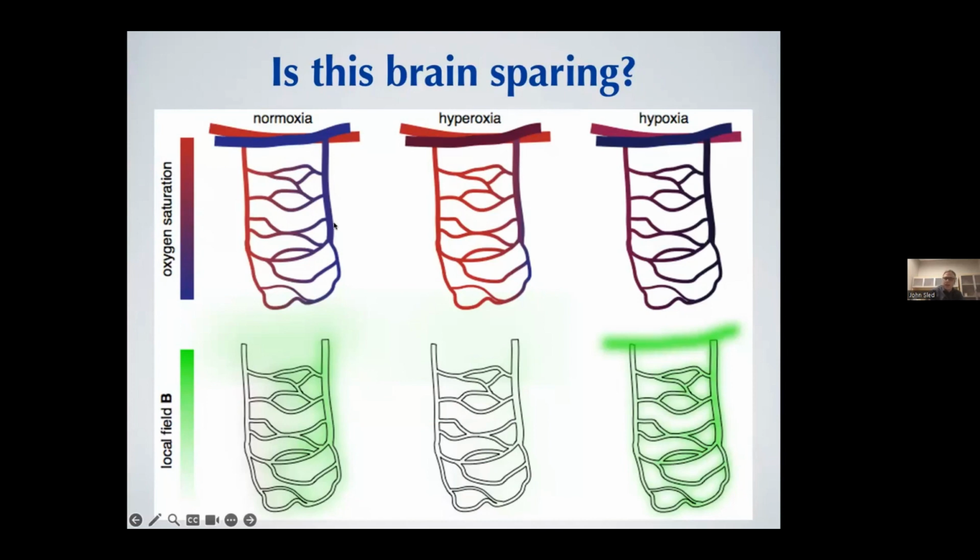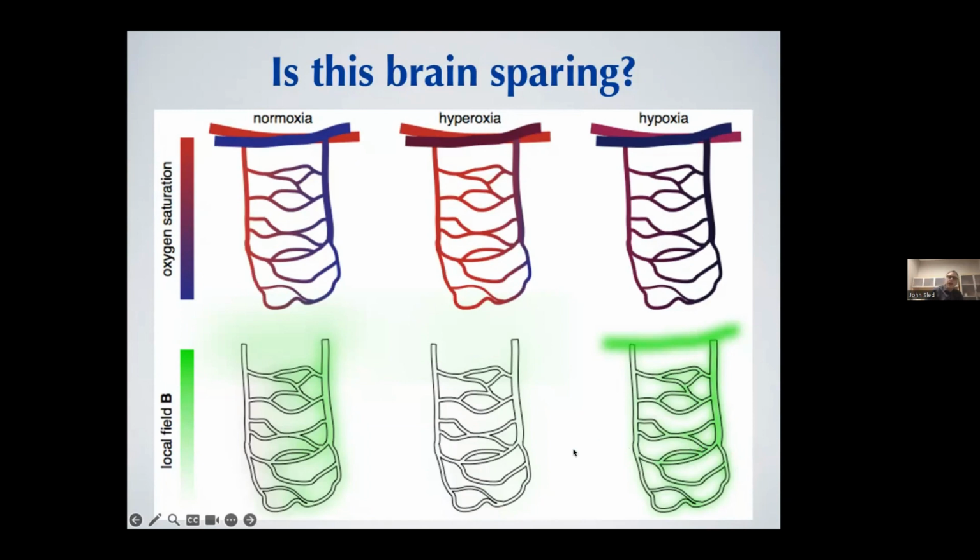and the desaturated blood is more paramagnetic and thus produces a change in the susceptibility that perturbs the local magnetic field, you might get some inhomogeneous field pattern. Under hyperoxia conditions, that gradient might be less, the resulting field pattern might be more uniform, and conversely, under hypoxic conditions, the variations would be more severe.